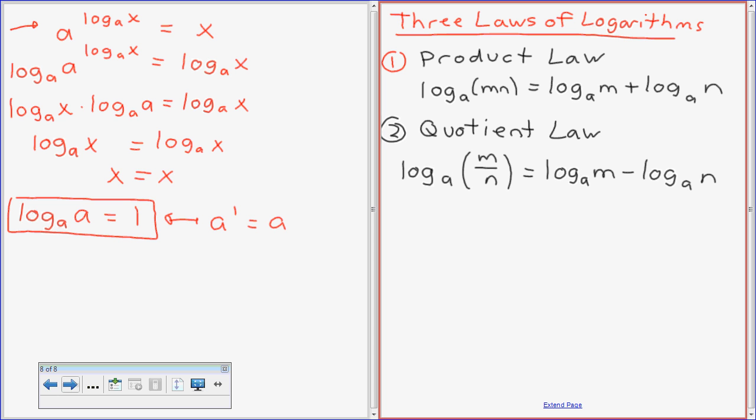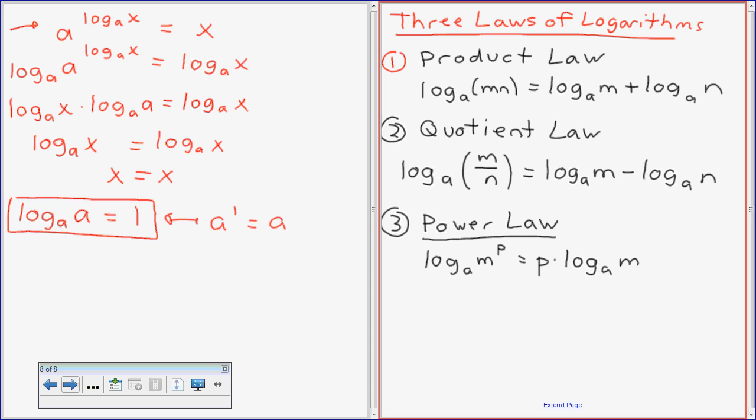And my last one, and then we're done, is my power law. I should probably change your base to, it's not written on here. Again, we've used this one a lot too, the power law.